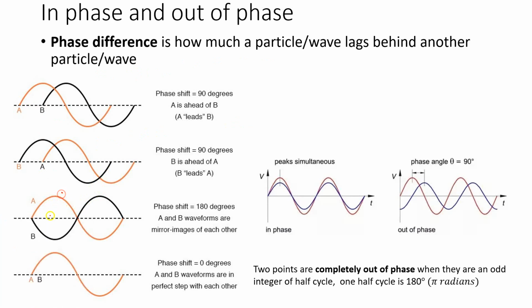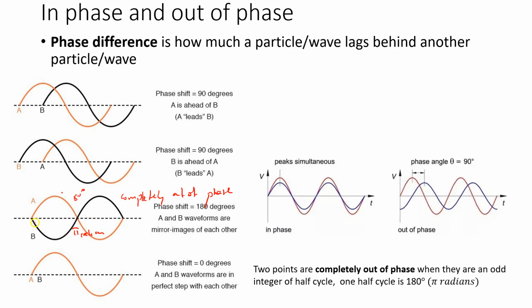So with this scenario here, A and B are completely out of phase with each other. And when something is completely out of phase, it has a phase shift of 180 degrees, or we say pi radians, right?